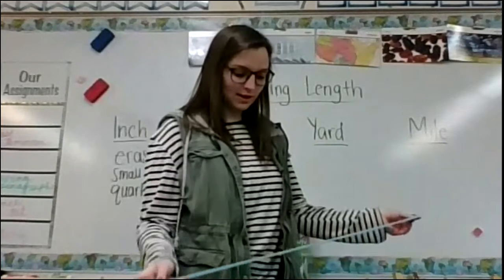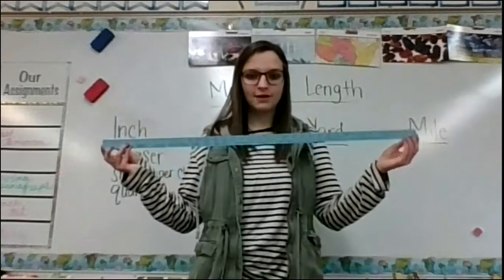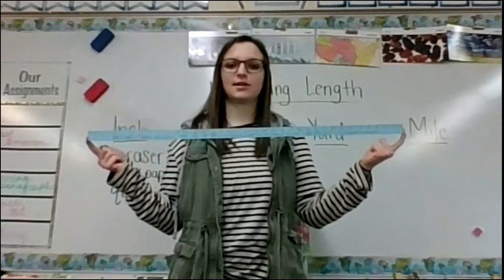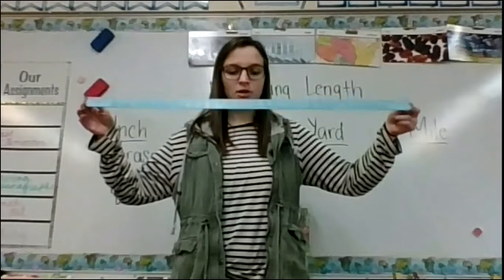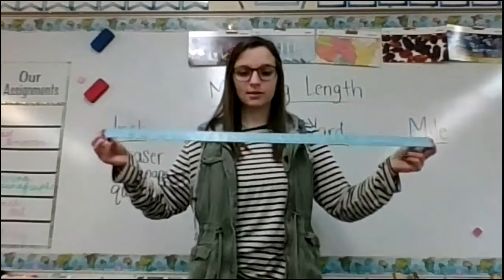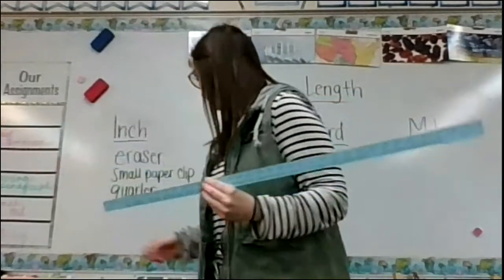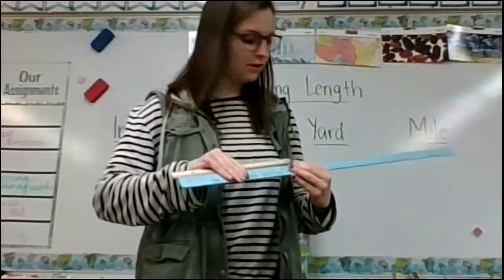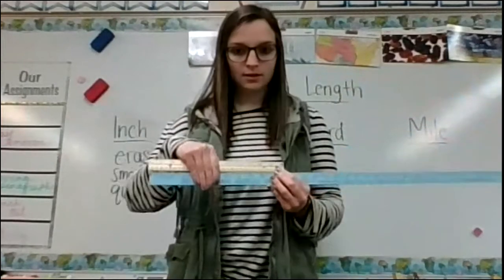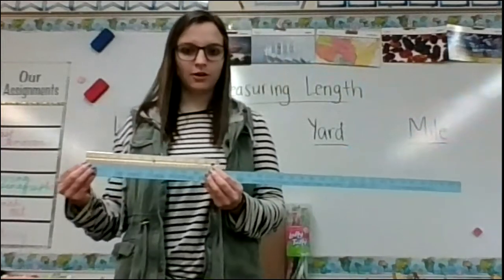So right here, I have a yardstick. Okay, so this one shows you how long a yard is. And just to help you out a little bit, there are 3 feet in each yard.